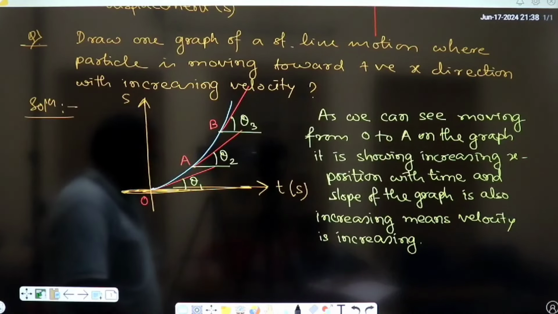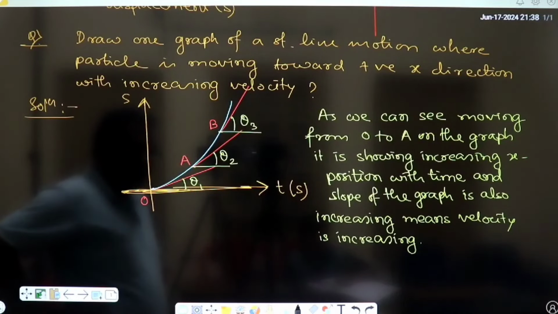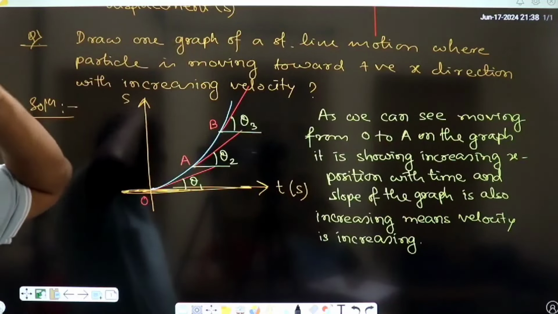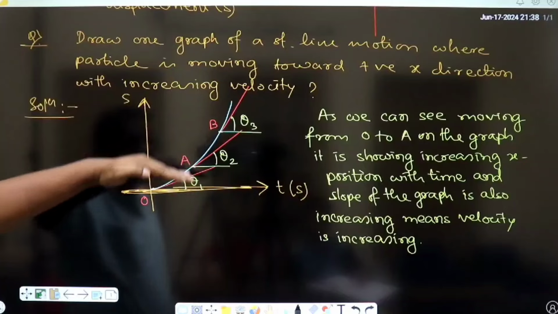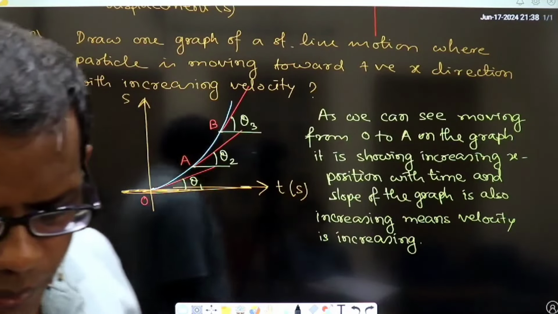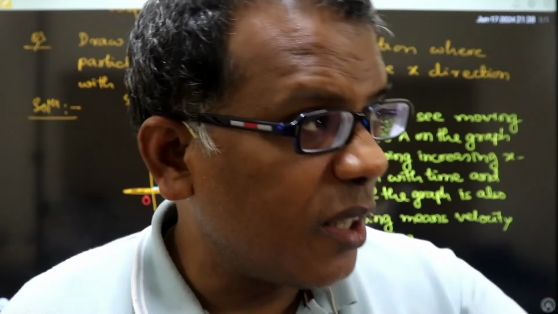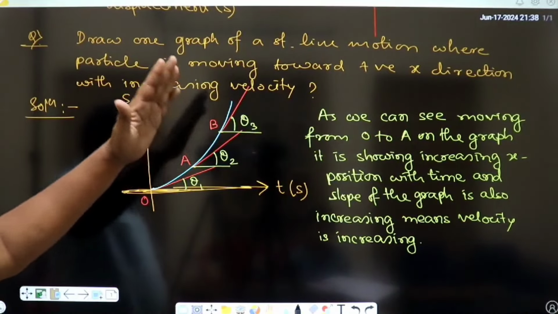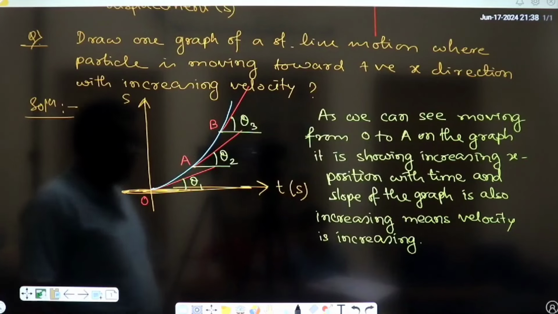Is that clear? So here I can see that the velocity of the moving particle is increasing as the particle keeps changing its position, going from O to A, and further we can discuss it from A to B. There also the y position is increasing with increase of time, and with the increasing elevation, that means velocity is increasing.